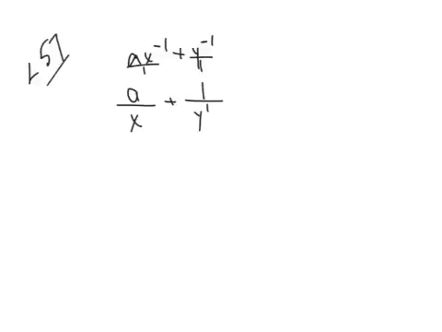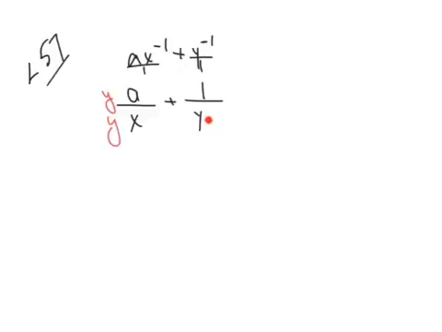So now they want us to add those two fractions together. If you remember, when you have a 1 as an exponent, you can just erase it. Alright, so now what do I do to add these? I have to have common denominators. So I look at my x and I say, what am I missing over here that I have over here? I'm missing a y, so I'm going to multiply both sides by y.